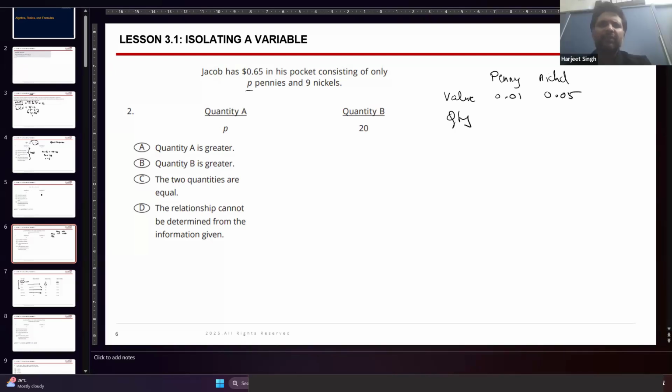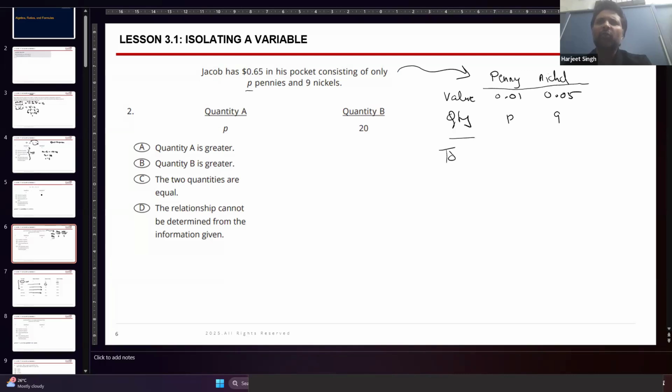Correct. Both are equal. So on the GRE, especially to tackle tougher constructs, we will get into a habit of creating structured tables where we can note our data. For instance, a tabular format of this data will be penny, nickel, value per penny, value per nickel, and the quantities.